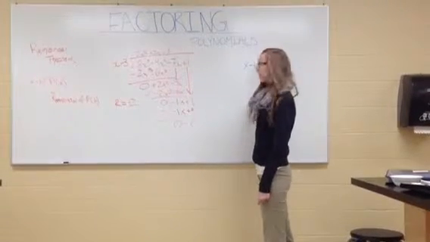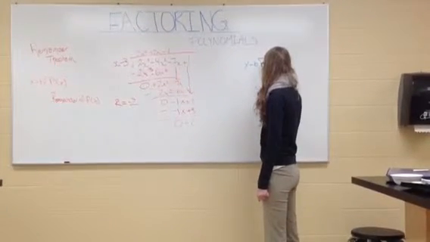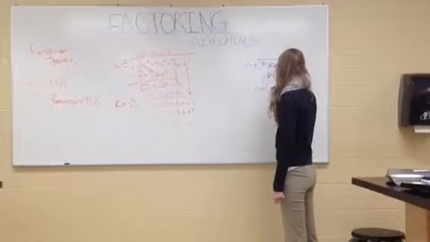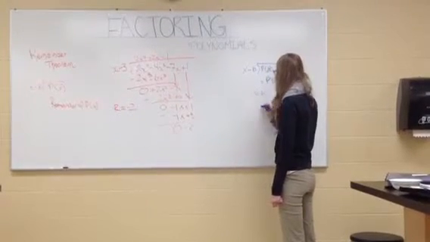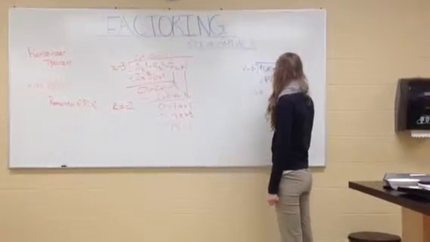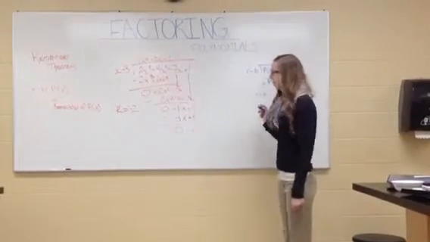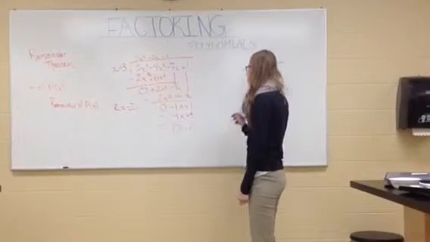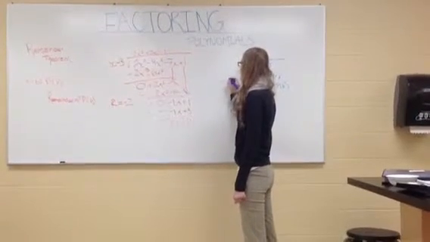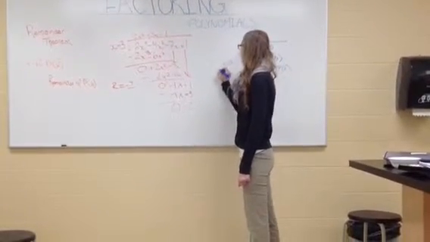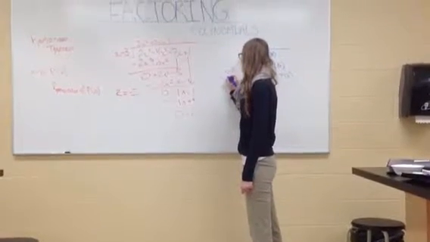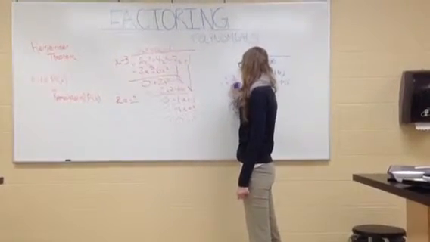We can do this by making x equal b and plugging in b for x in p of x. So for this equation, x minus 3 means x equals 3.